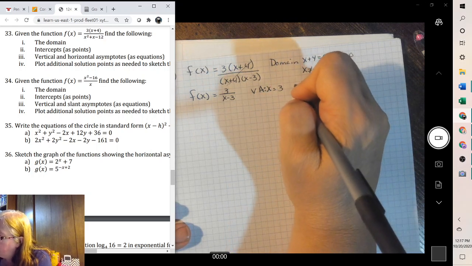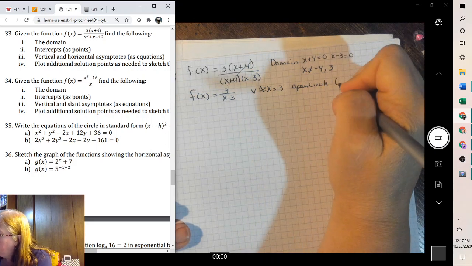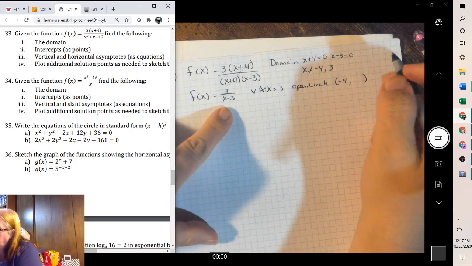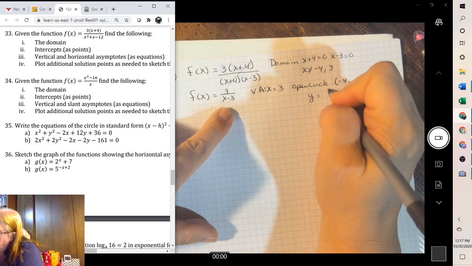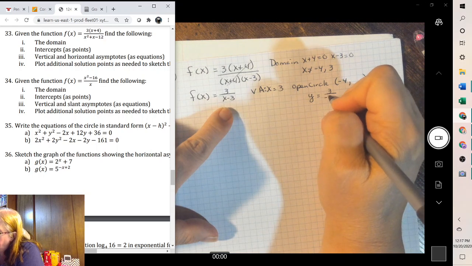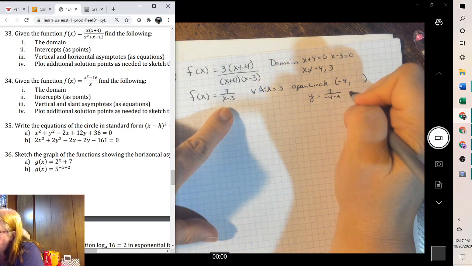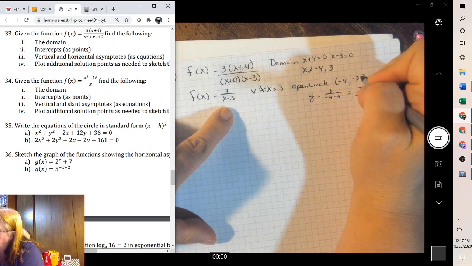We have an open circle at -4, and we need to find the y value. Once you reduce it, you can find it. -3/7.